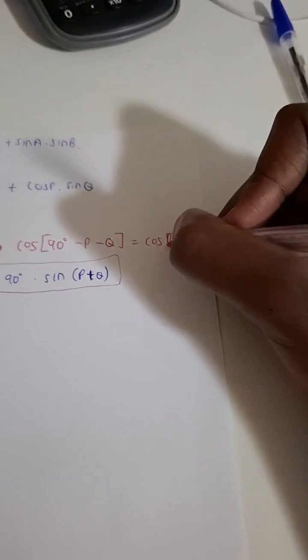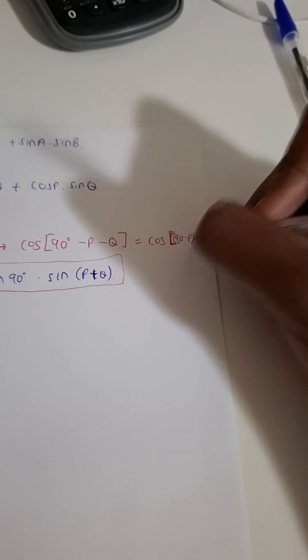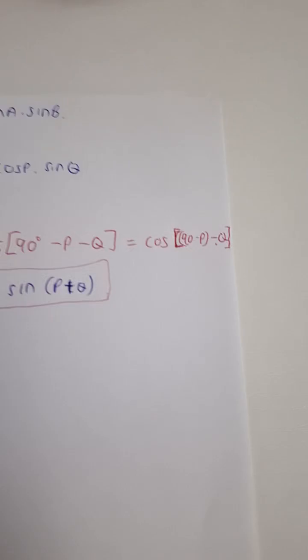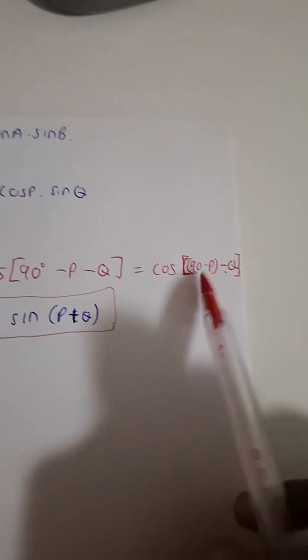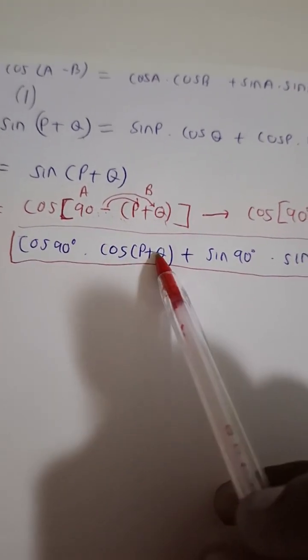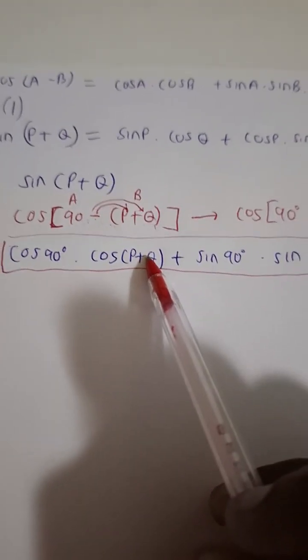So the bracket for 90 minus P, and then minus Q on the side. Now there's a reason why I've done that. It's because I can see that here I'm going to have another compound angle which I'm going to have to expand. It's going to make my life miserable.